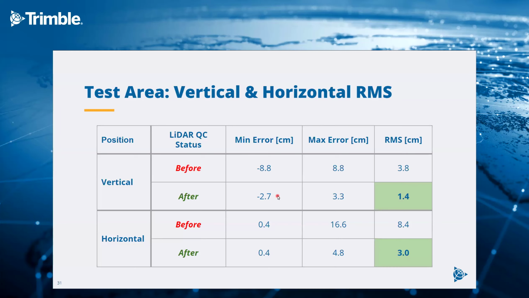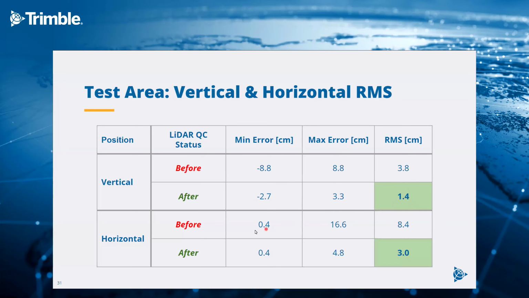After LiDAR QC, we have a minimum error of close to minus 3 centimeters and plus 3 centimeters. So we came down from 9 to 3 at the maximum and minimum error, and the RMS improved to 1.4 centimeters. We used altogether 24 vertical ground control points over the 1 kilometer trajectory.